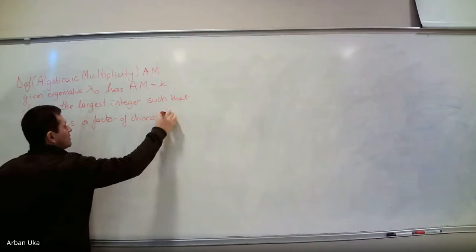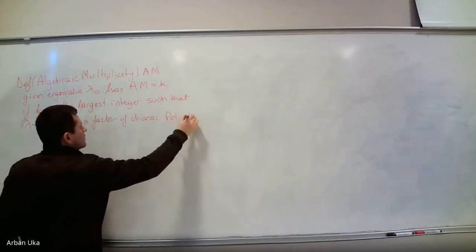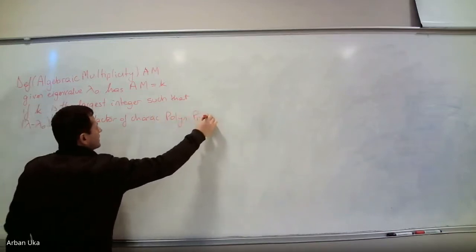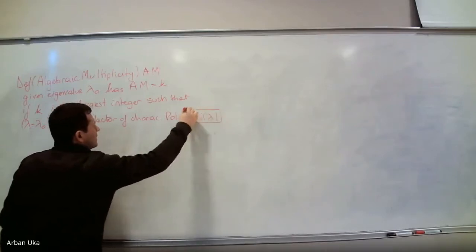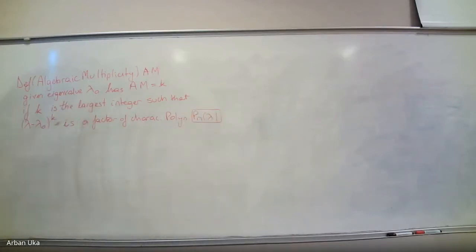Let me write here Pn in lambda. So this is what we denote in our class together, the characteristic polynomial. A matrix which is n by n should be of nth order in the unknown specific value. Now this is the algebraic multiplicity.